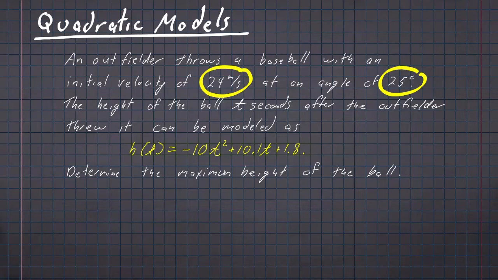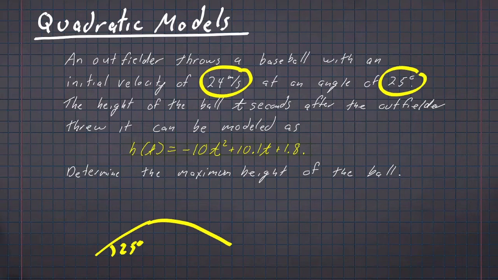We don't need to use them again, although they do give us some context clues. First of all, by reading the situation and seeing what is happening, we can see that we're dealing with a path that is going to start at an angle of 25 degrees, arc upward, and then fall back down. A nice trajectory that we can think of.